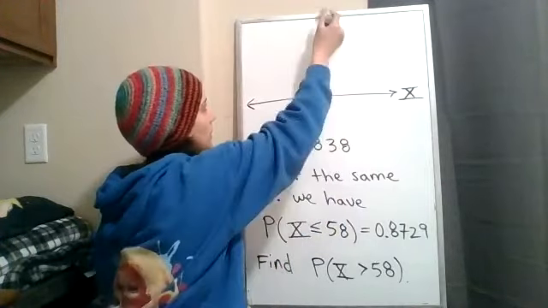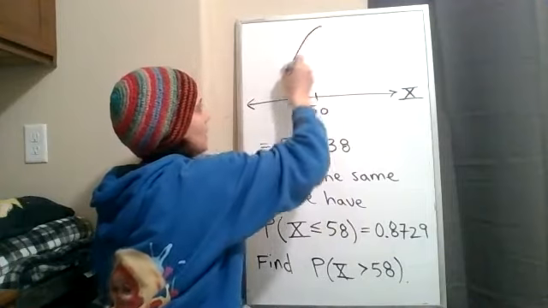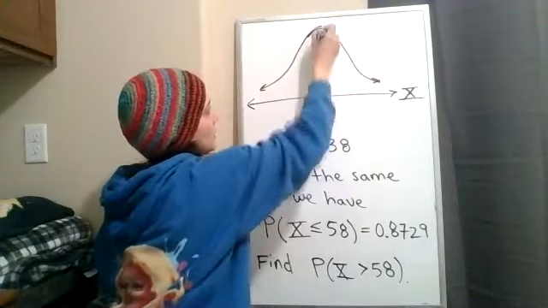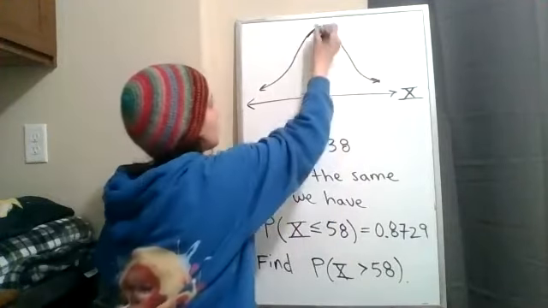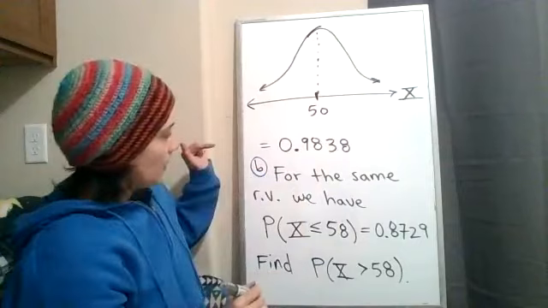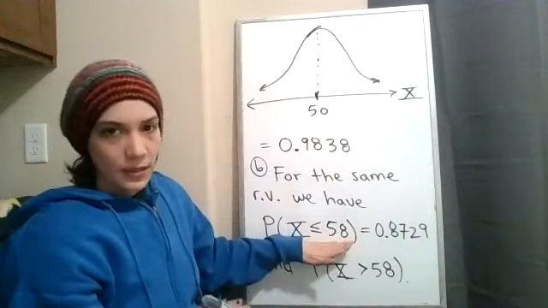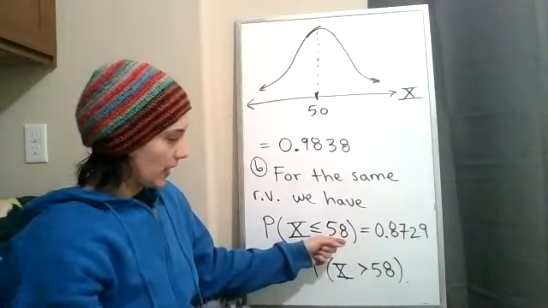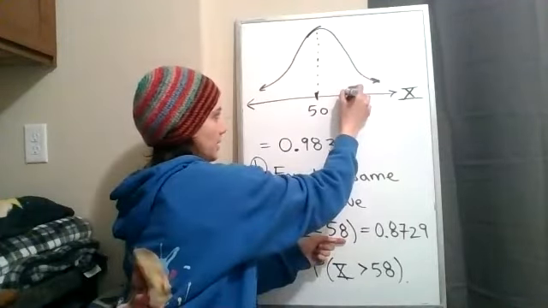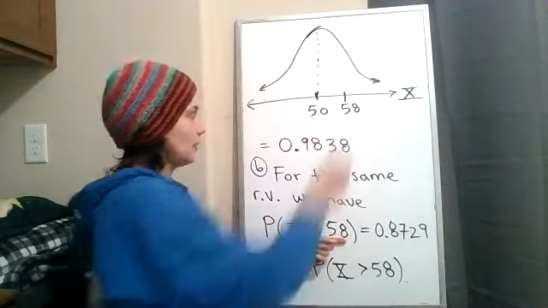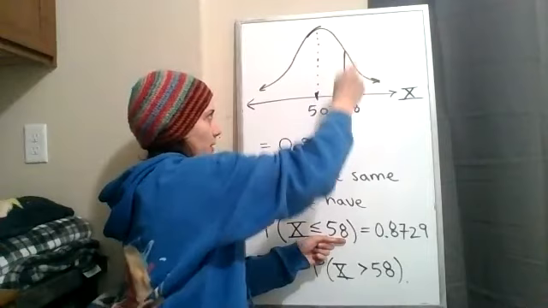And it was a normal distribution. 58 is a number we're interested in, so let's label that right here, just past 50. We're going to just draw a line up to the curve.